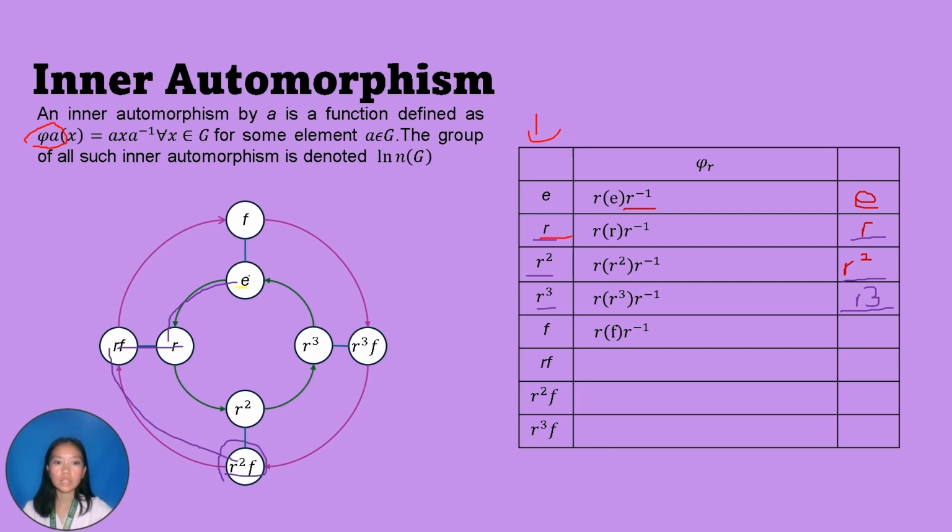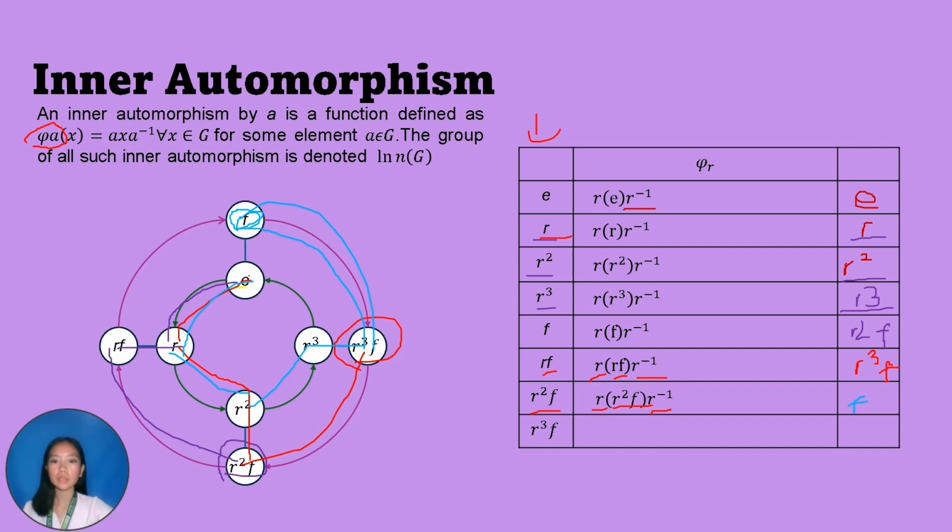So we end up with R squared F. Next, for RF, we have R, another R, F, and R inverse, and we have R cube F. Next, for our R squared F, we have R, R squared F, and R inverse. I changed the color. We have R, then another R, R and F, and we have F.